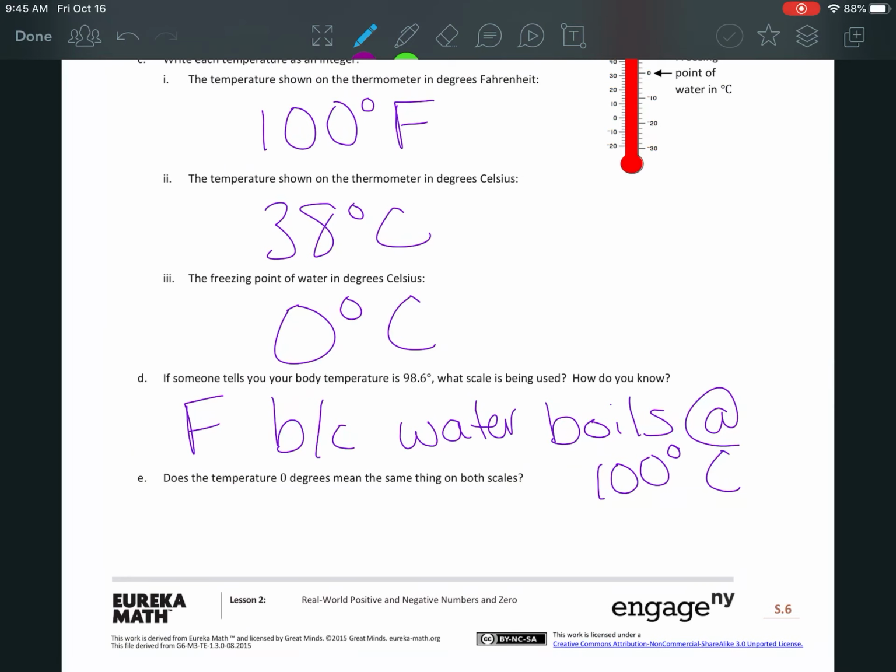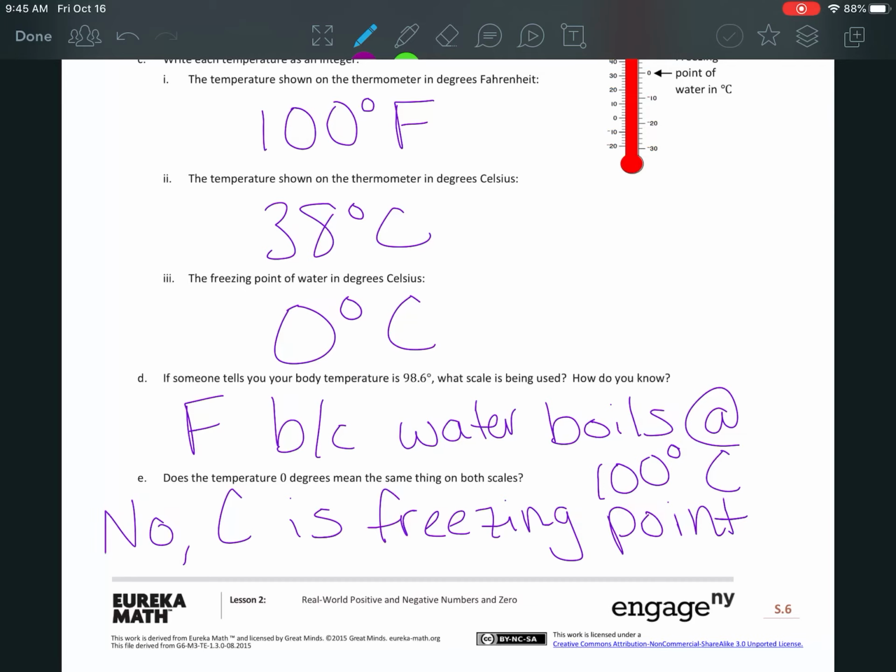And does the temperature 0 degrees mean the same thing on both scales? No. Celsius is freezing point. And Fahrenheit is below freezing.